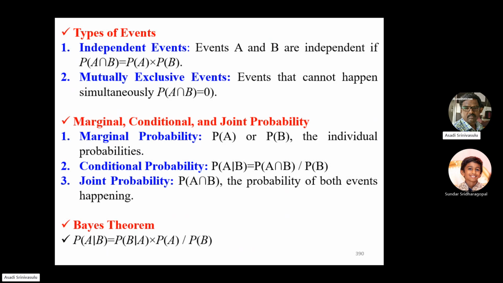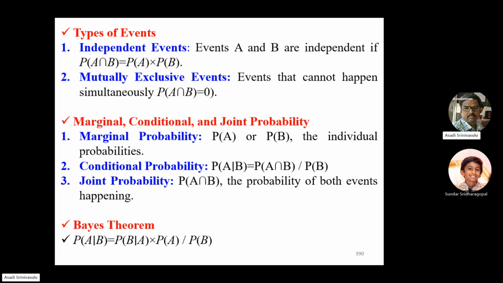How do we calculate marginal probability? We have P(A) or P(B). The individual probability is called marginal probability. And conditional probability, based on the constraints, we calculate P(A|B) = P(A intersection B) / P(B). Joint probability is nothing but P(A intersection B), the probability of both events happening.